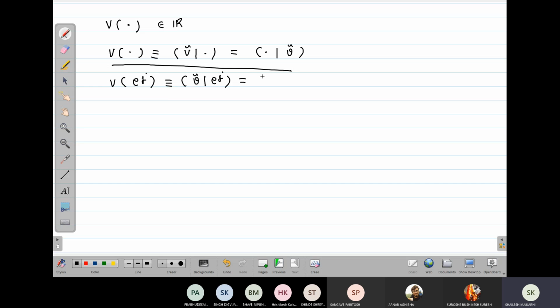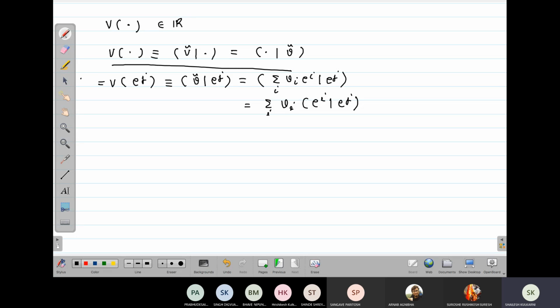Any dual vector can be written as a linear combination of the components of the dual vector, which we normally denote by subscript I, Vi, and then the dual basis Ei, inner product with Ej. This map is linear, so the inner product is linear, so it will be summation over I, Vi, Ei inner product Ej.